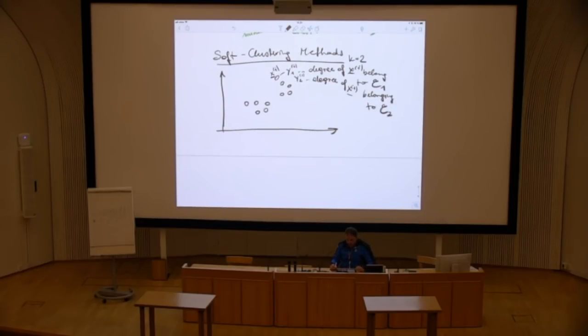So each data point has a bunch of quantities which tell the degree of belonging to different clusters. And both of these values can be non-zero. So this data point can belong to both clusters.